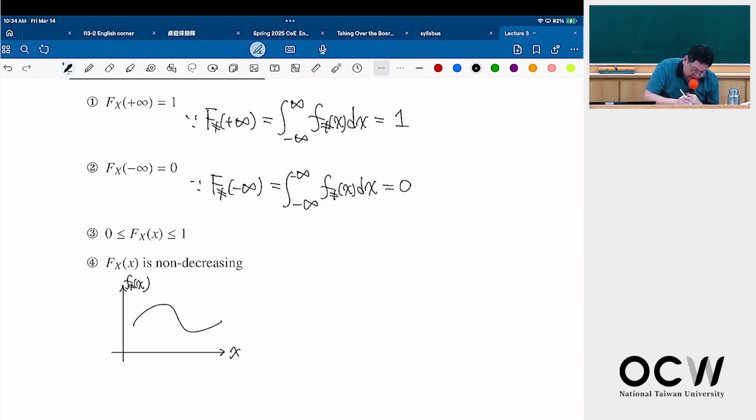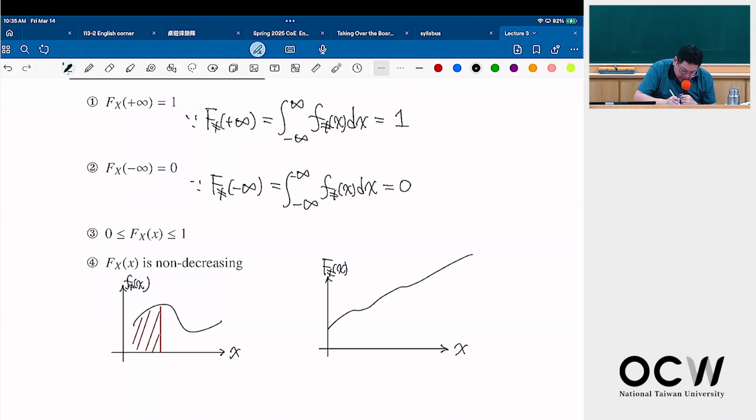Maybe your PDF is like that, and you want to do the integration up to this point x.